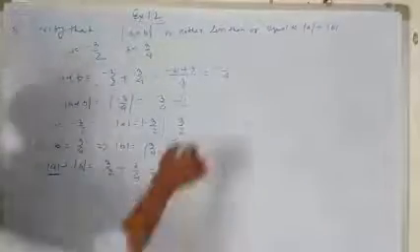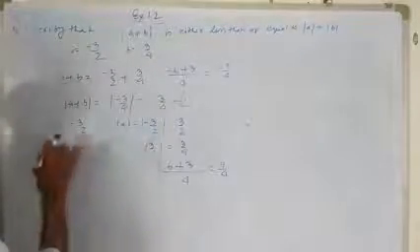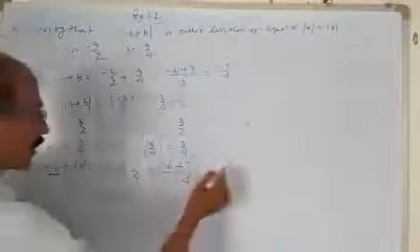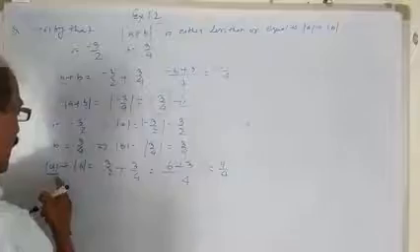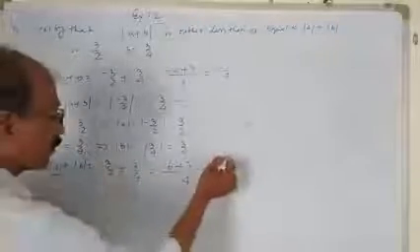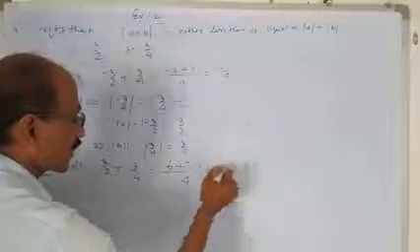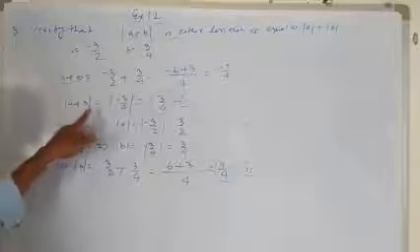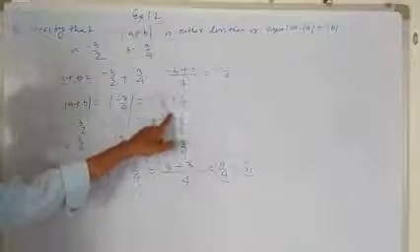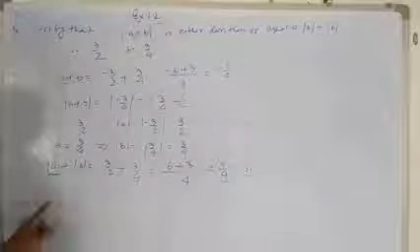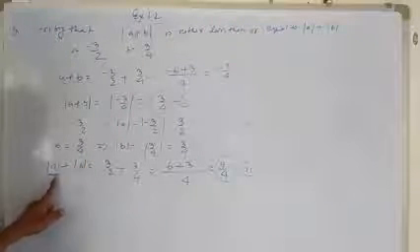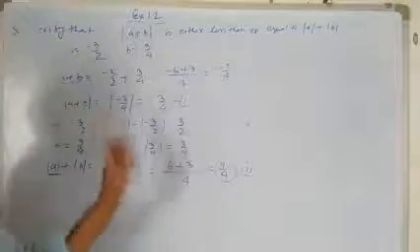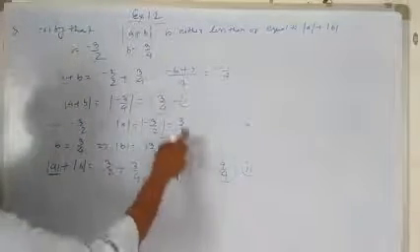Here the mod of a plus b is equal to 3 by 4. Here the mod of a plus mod of b separately is equal to 9 by 4. Which is greater? This is greater and this is smaller.